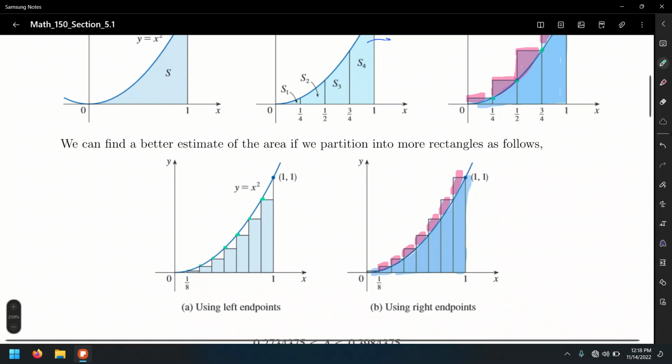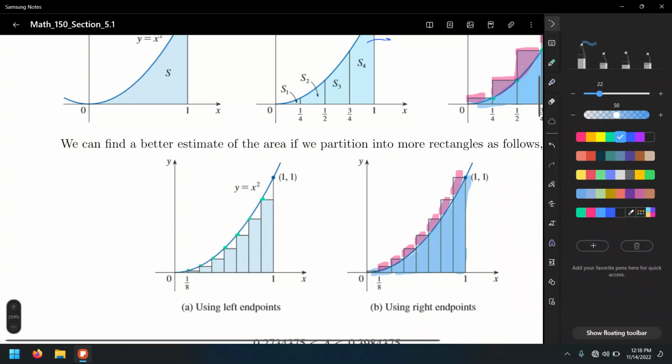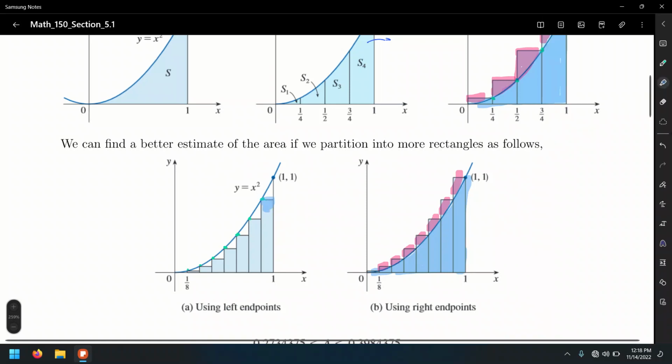However, check this out. So this is the area that we are obtaining using left endpoints.